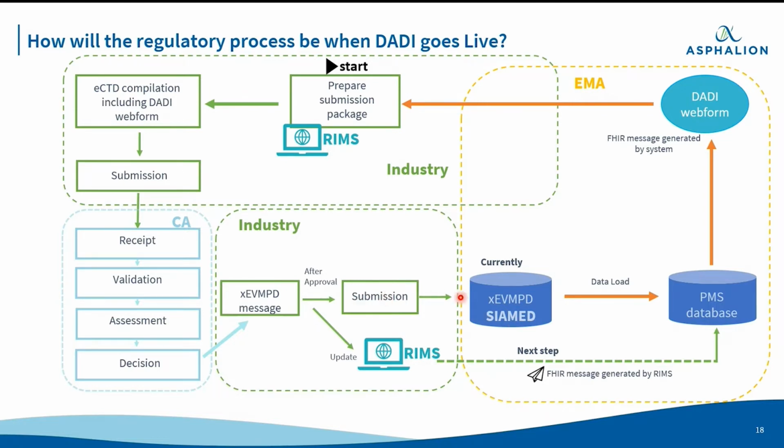But in the future, the idea is that the RIM system will support you to generate this FHIR message that will be able to be sent to PMS to update the information there. So this is one big expectation, and there have been some improvements on the information given around this, but there is still some more information to be shared.